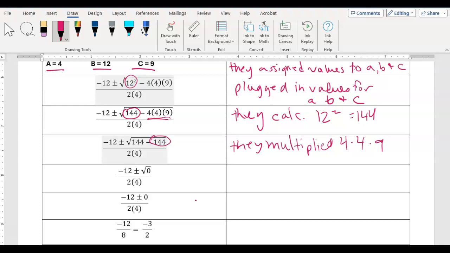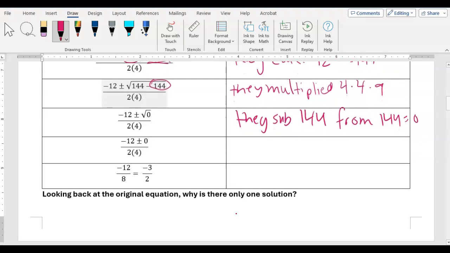So then we now have the square root of 0. Why? They subtracted 144 from 144, which equals 0. Then we now have plus or minus 0.